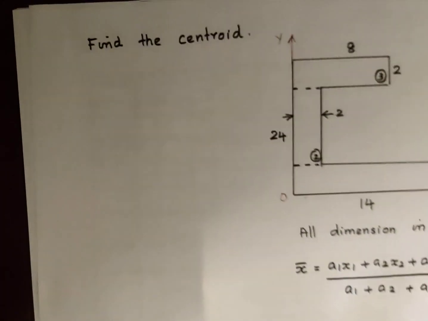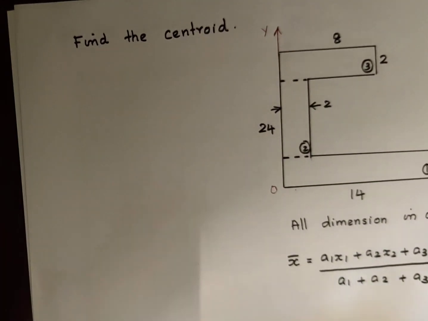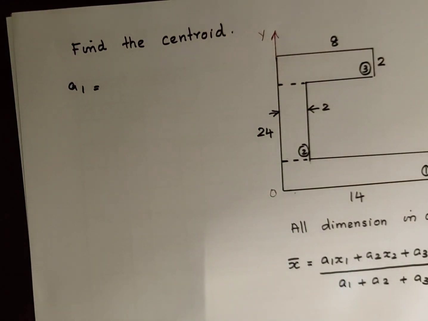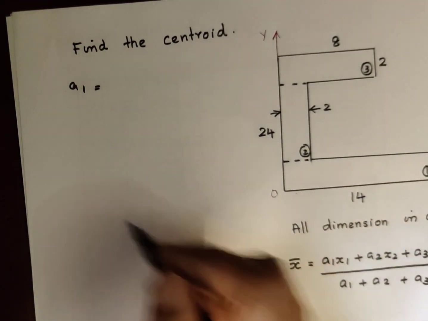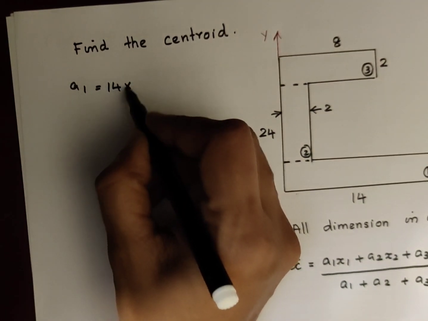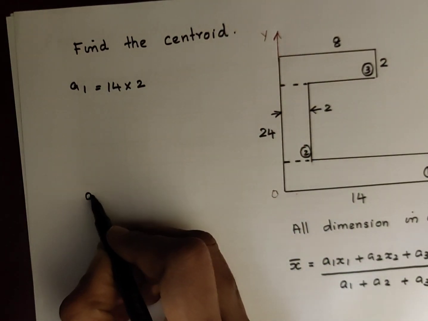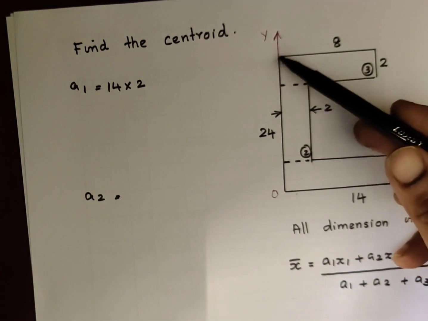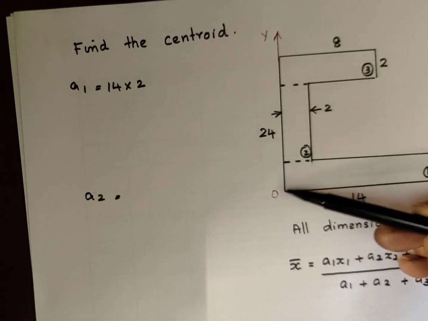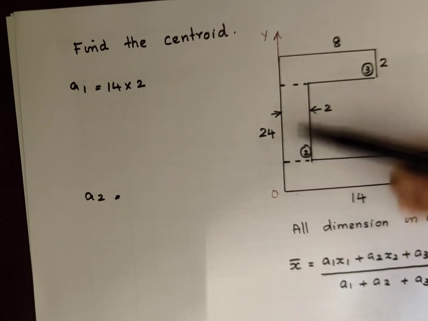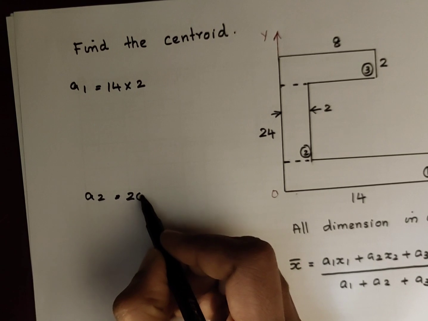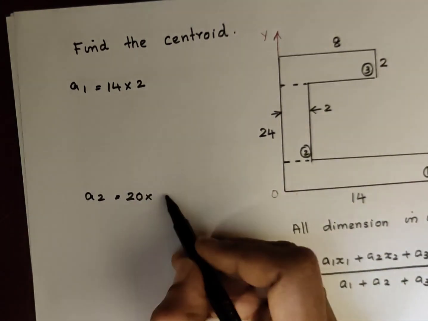So now you have to calculate the values of a1, a2 and a3. a1 is equal to 14 into 2. And now a2 is equal to, this length, the total length is 24, you have to deduct this 2 and this 2. So the depth is 20 into width is given as 2.